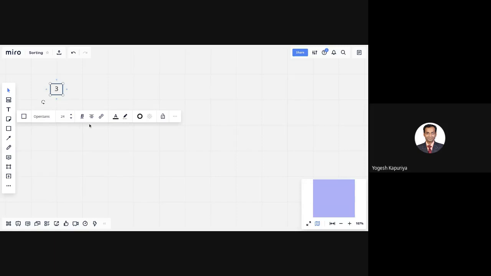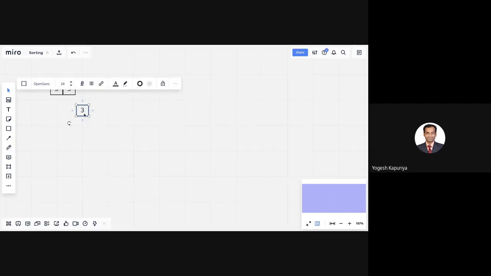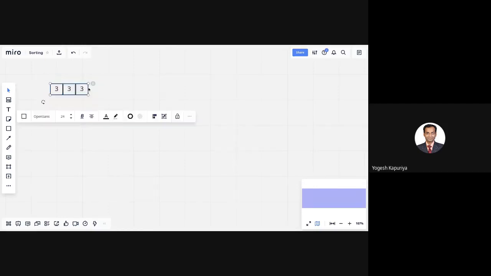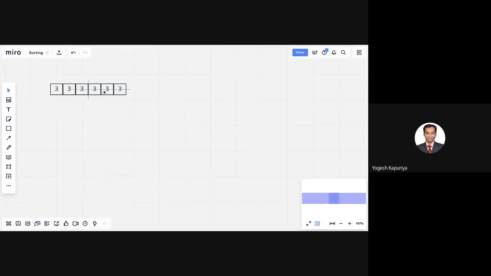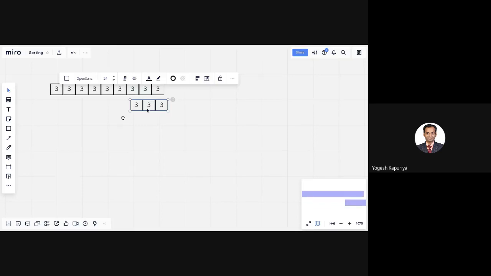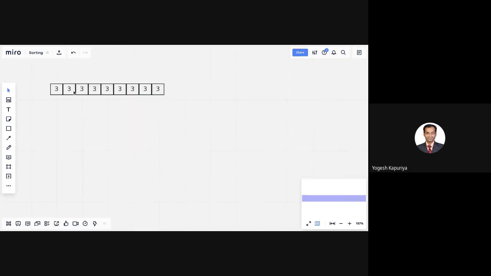So first number, I'm deliberately putting it as an individual number so that even though it's an array, let us keep it small. So we have these numbers which we want to sort.